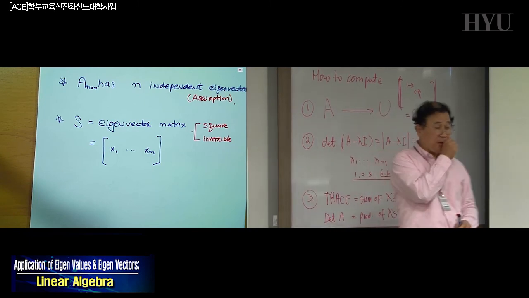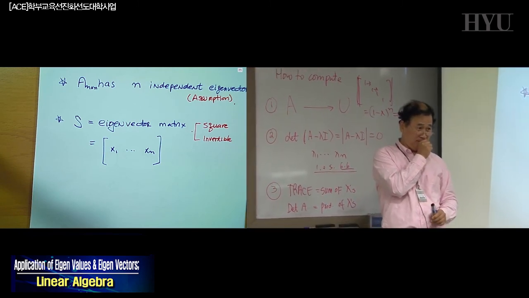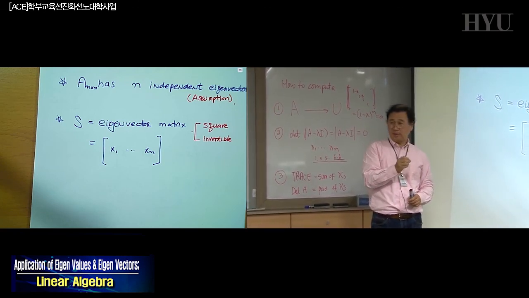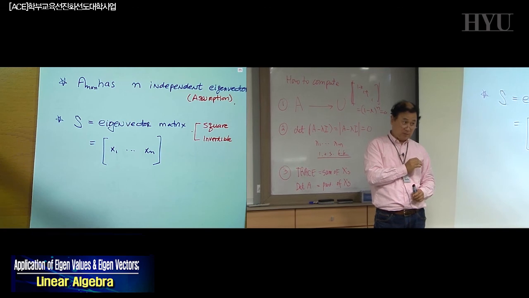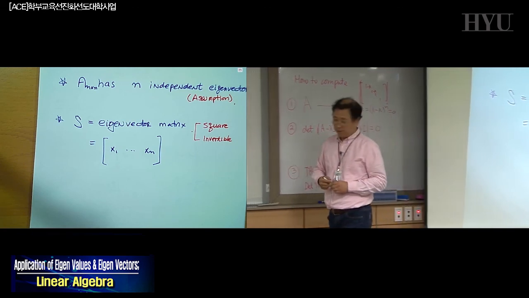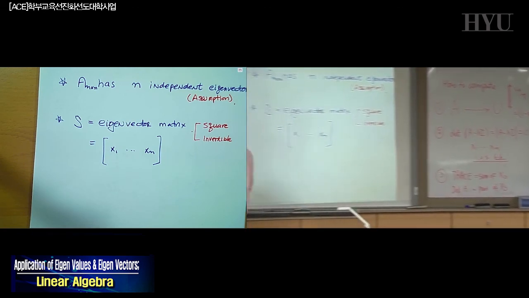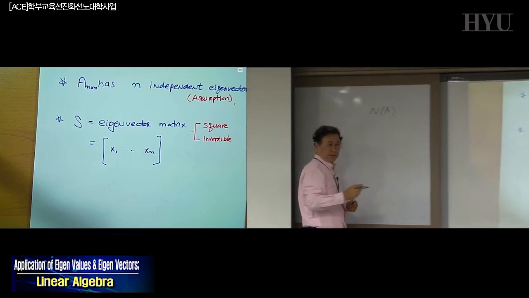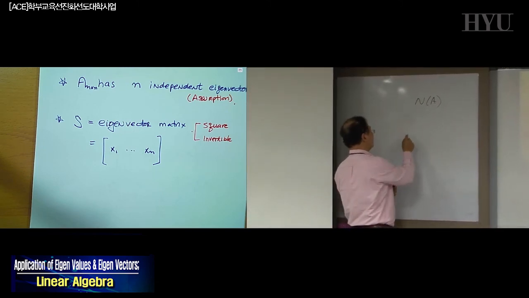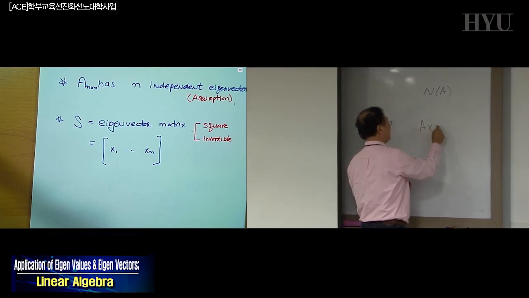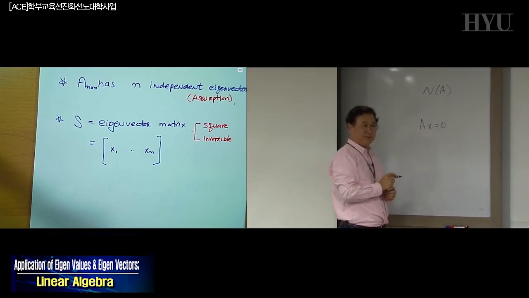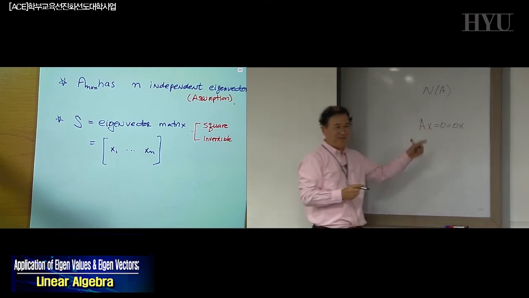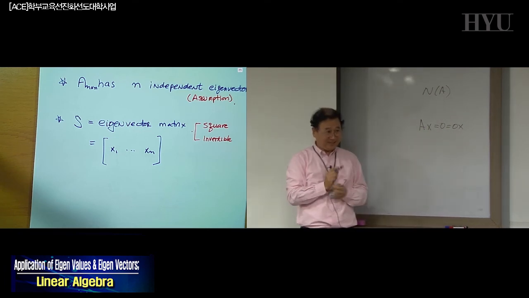What's the concept of null space? In a singular matrix, the null space is not just 0, right? What is the null space of A? The solution of Ax equals 0, right? We can multiply 0 times x, right?